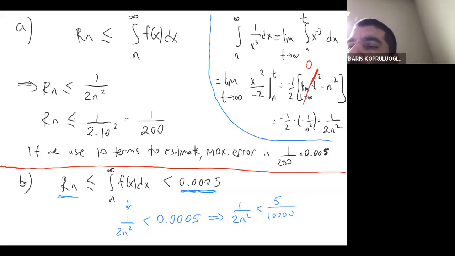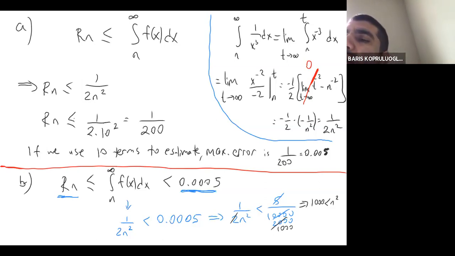I would say simplify 5 and 10,000. It's going to be 2,000, and simplify 2 and 2,000. So it turns out 1,000 is less than n squared if you do diagonal product.